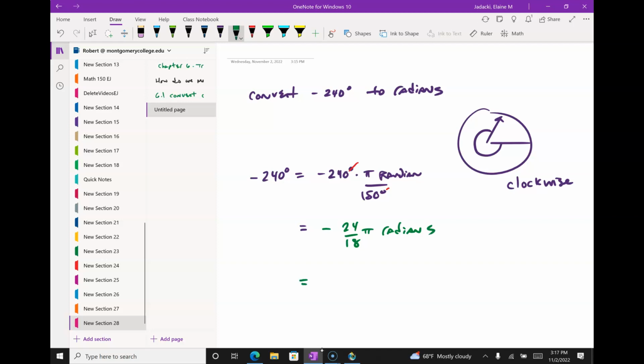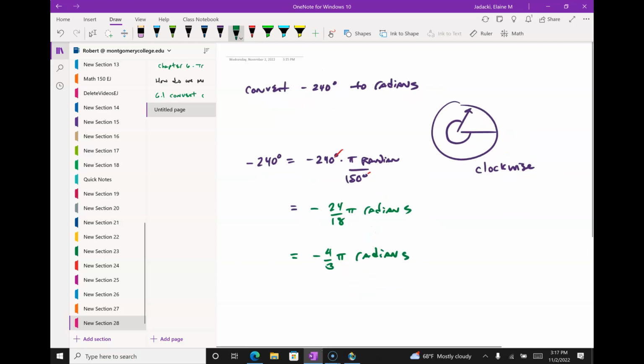What goes into both of those? 6? So minus 4/3 pi radians. Yep, 6 into 24 is 4, and 6 into 18 is 3.